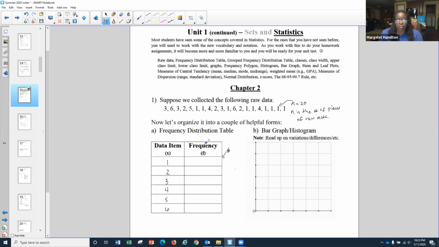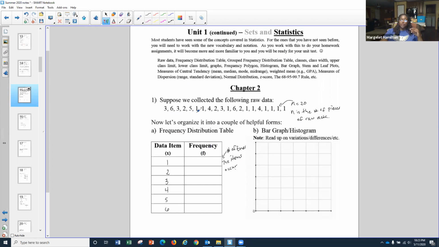So our column F is the number of times these items occur or appear. All right. So here we are. Now we got to count again.